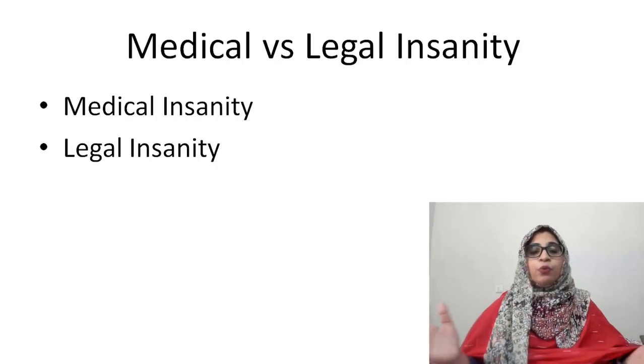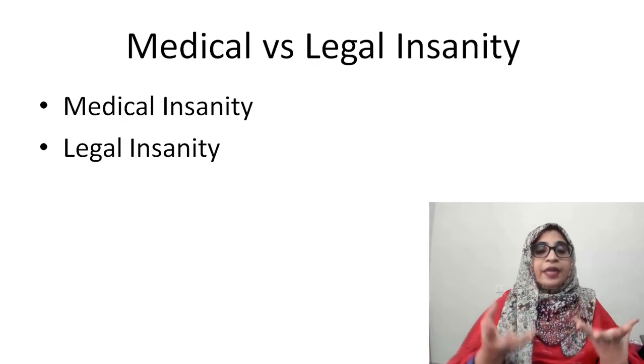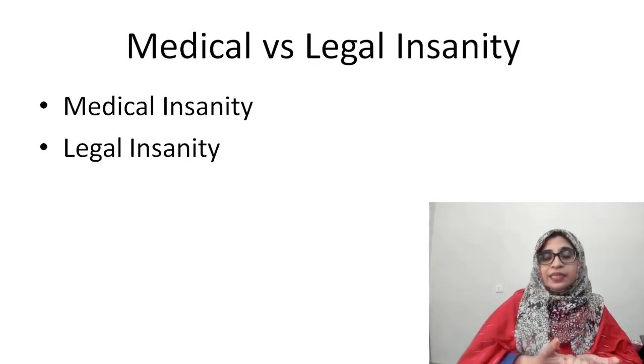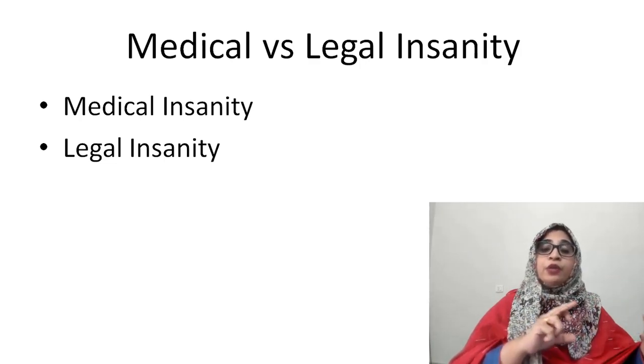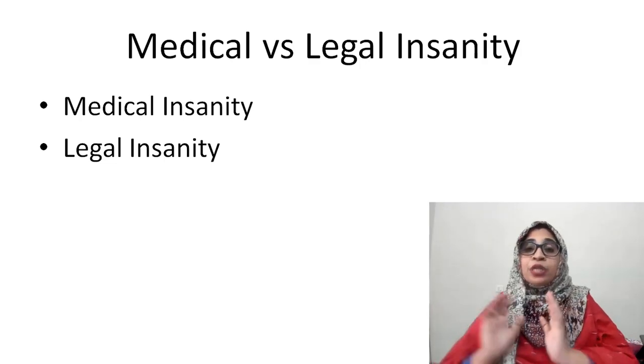Okay, so now we have a brief idea about medical insanity as well as legal insanity. Even in the McNaughton rules, priority was not given to medical insanity; they gave priority only to legal insanity.